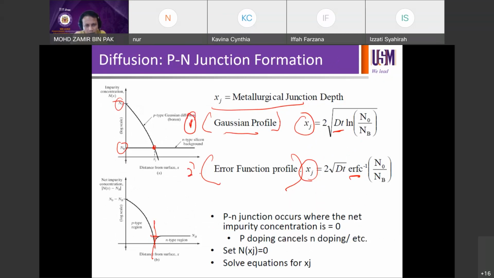Formula number 1 or formula number 2? If you're running a pre-dep process, you're required to calculate your Xj. So will you be using formula 1 or formula number 2?